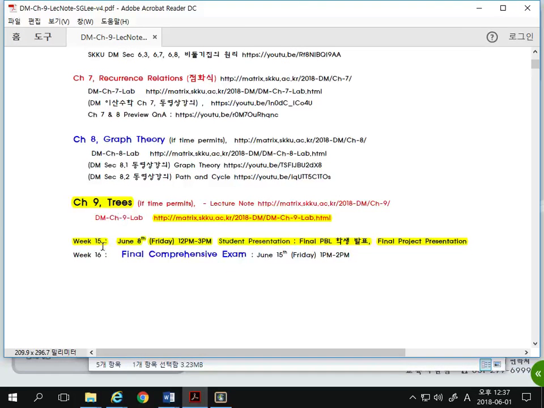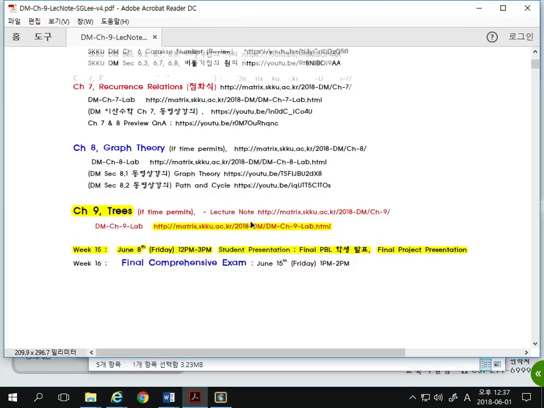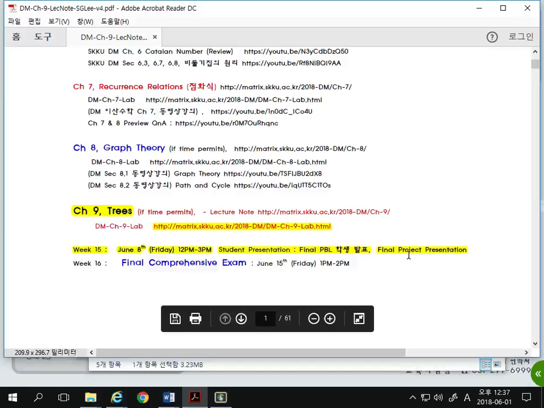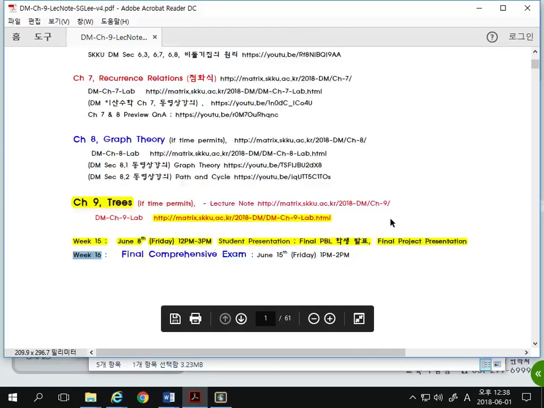And then we will have the presentation of your solutions for the earlier chapters for your final examination. And then on week 16, we will have a final comprehensive examination from chapter 1 to 9.